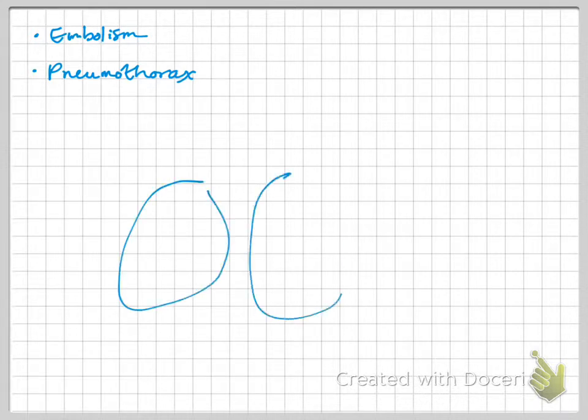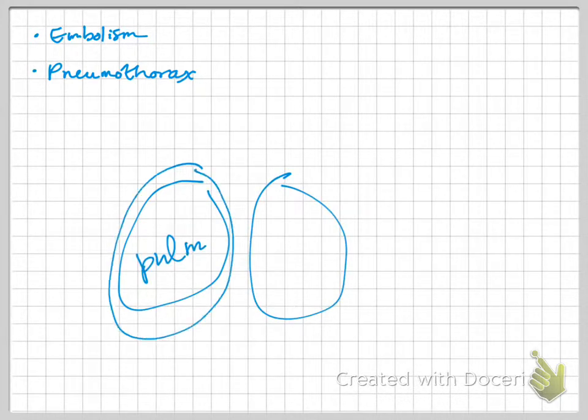Finally, and then we'll end here, pneumothorax is a complication of an insertion of a central venous access device. Perforation of the visceral pleura during insertion. So we know our lungs have the pulmonary space, but they also have these layers surrounding the lungs called the pleural space.